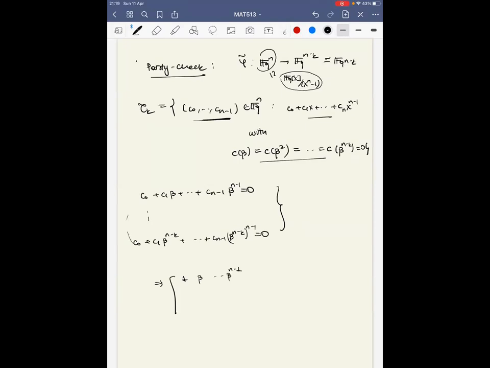If we represent this system of linear equations as a matrix multiplication, this is going to be an n minus k times n matrix multiplied by a column vector of length n, which is going to be 0.